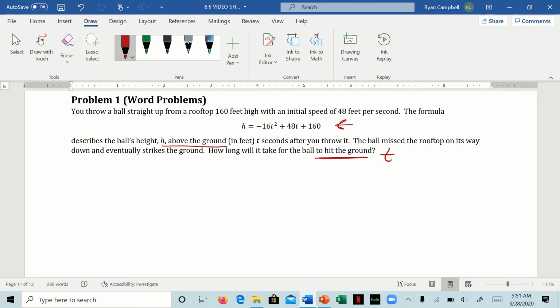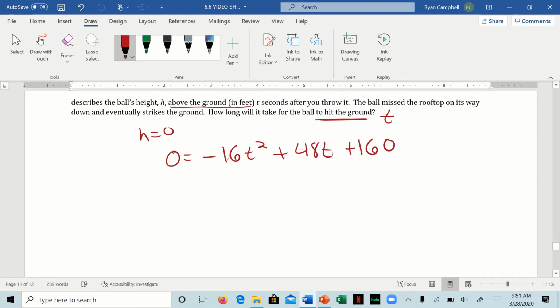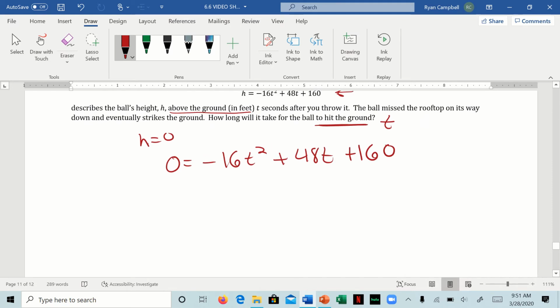Since h is feet above the ground, at the ground, h is going to equal 0, right? So we have 0 equals negative 16t squared plus 48t plus 160. It's already in our form, so we just got to solve for t.